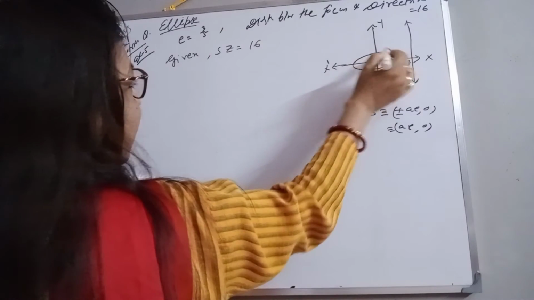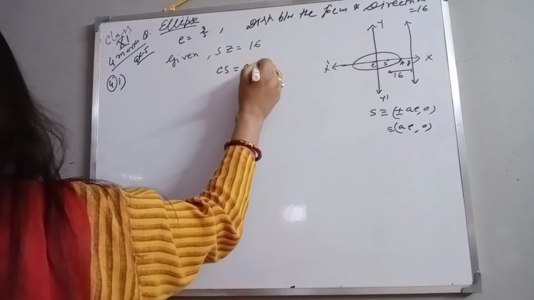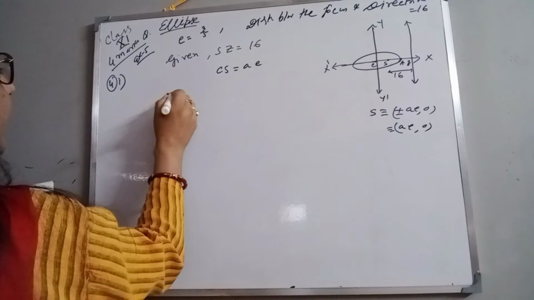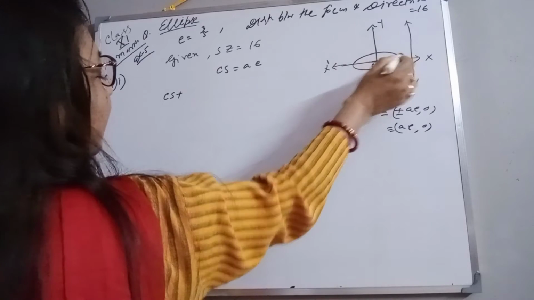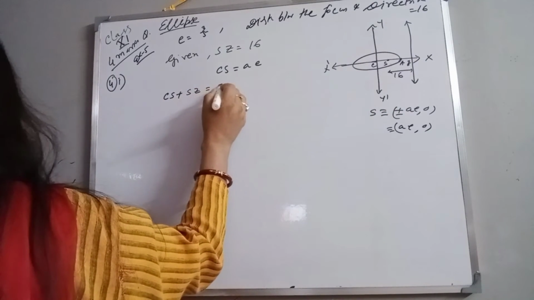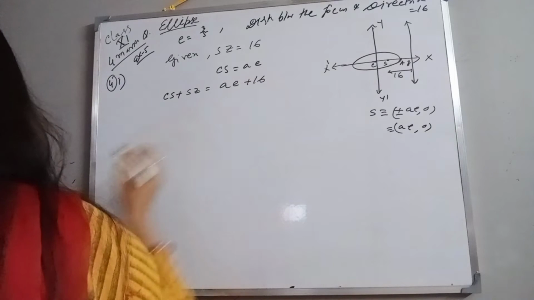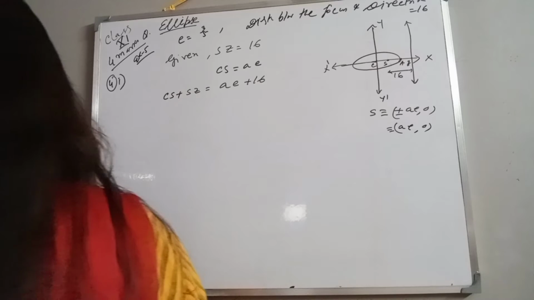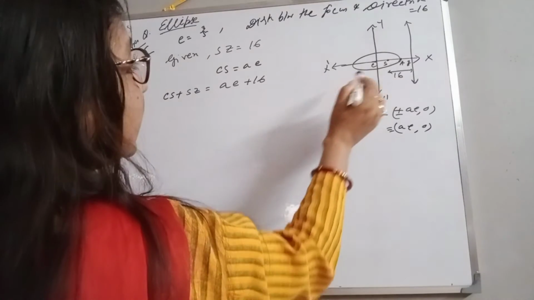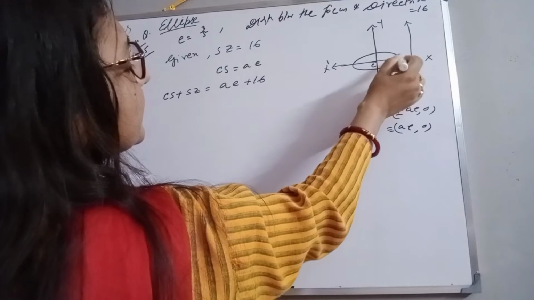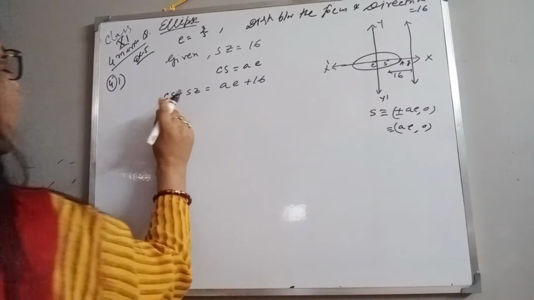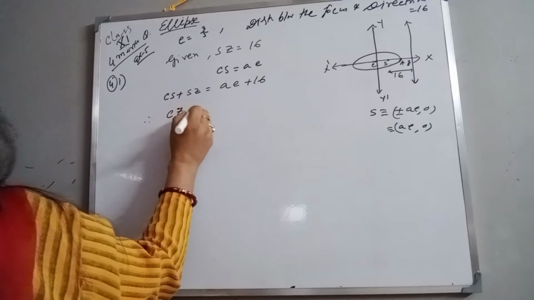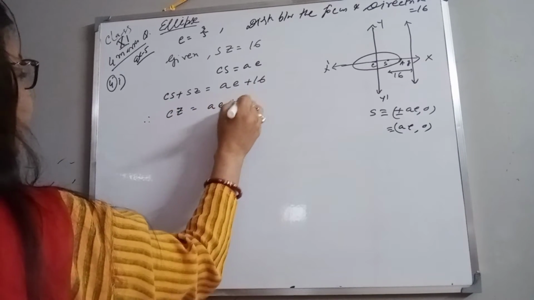Now CS plus SZ is AE plus 16. CZ is equal to CS plus SZ, so CZ is equal to AE plus 16.